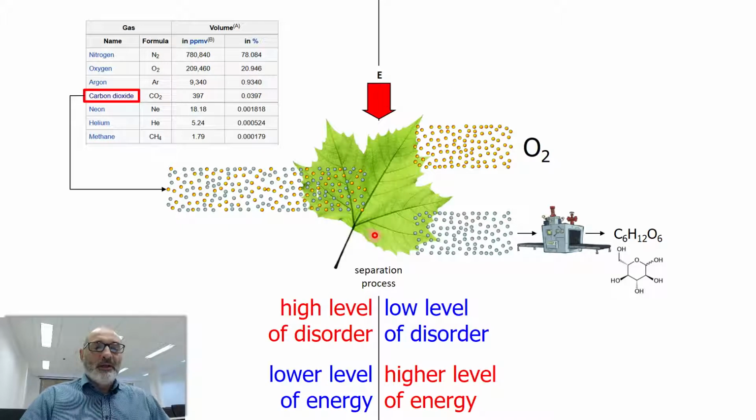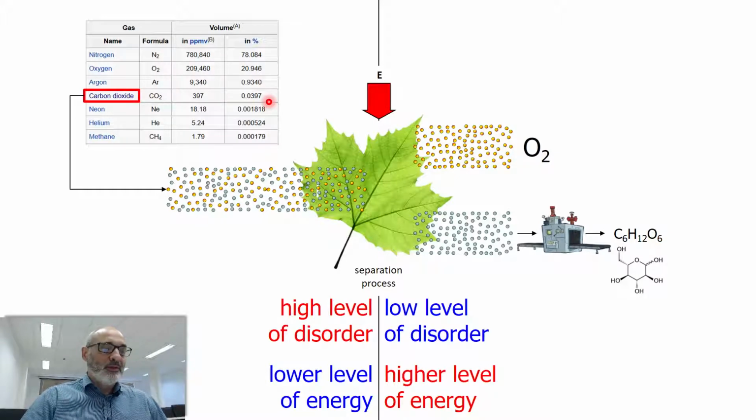A leaf does exactly this. It separates, it needs CO2 for the photosynthesis, okay? So it's separating CO2 from the atmosphere, and this is the constitution of our atmosphere, and you see that roughly 79% nitrogen, 21% oxygen, if we neglect argon, and then you have carbon dioxide, 1,000 times less.